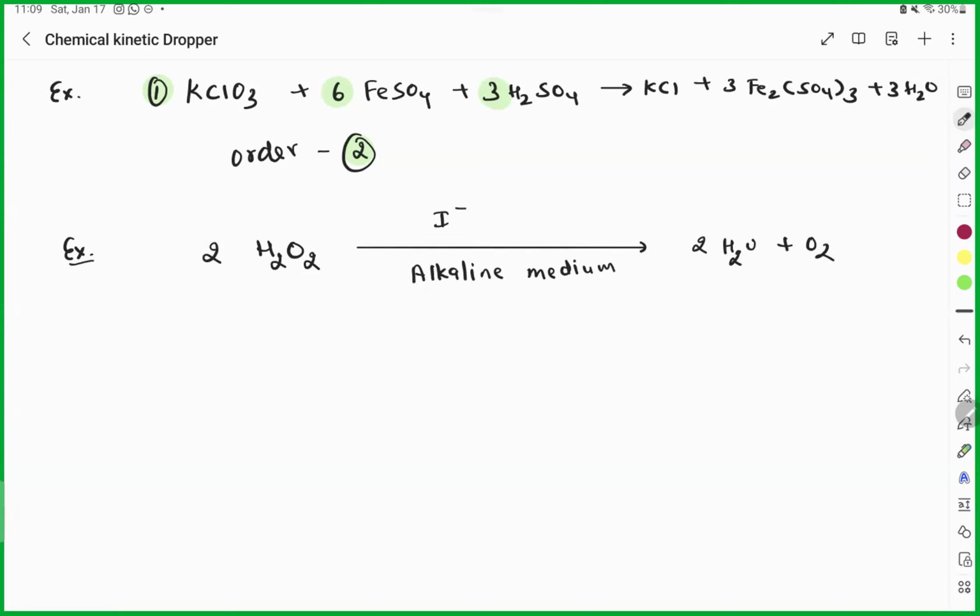If you have a random guess, Jordan, how should I write the rate equation? Minus 1 by 2 d[H2O2] by dt is equal to k[H2O2].